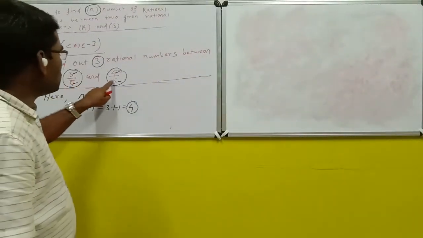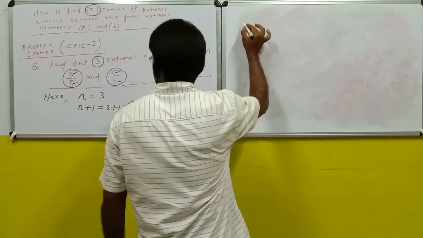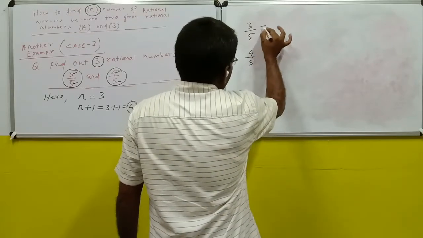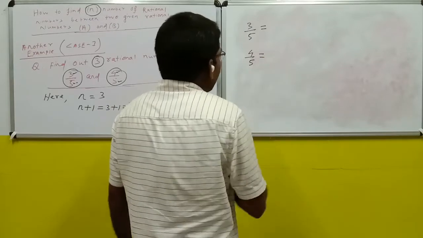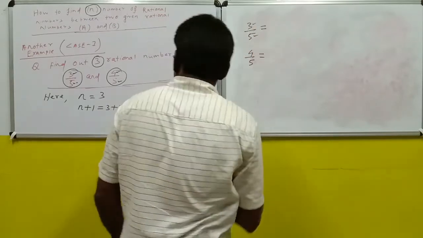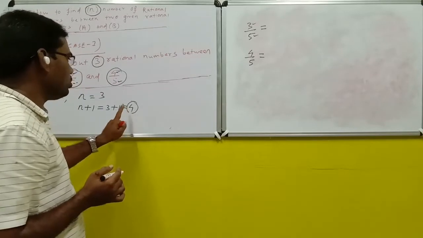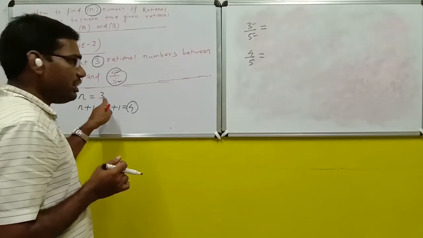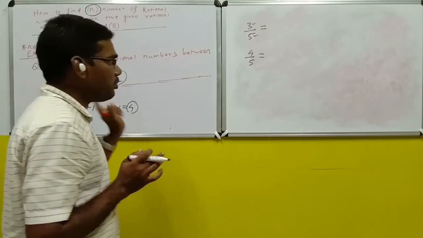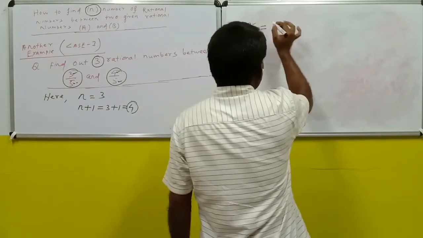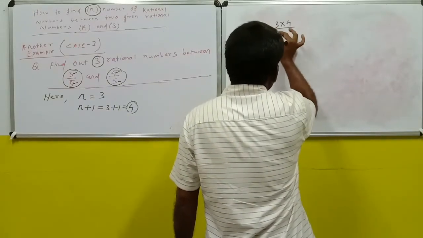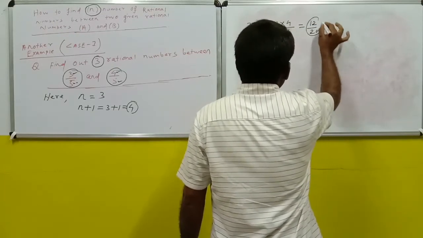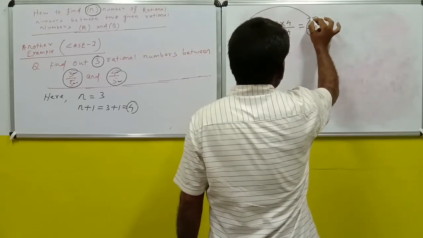Simply multiply the numerator and denominator by 4, because the value of n is 3, so n plus 1 will be 4. Multiply 4 by the numerator 3 and the denominator 5, and finally you get 12/20. So 12/20 is the equivalent rational number of 3/5.